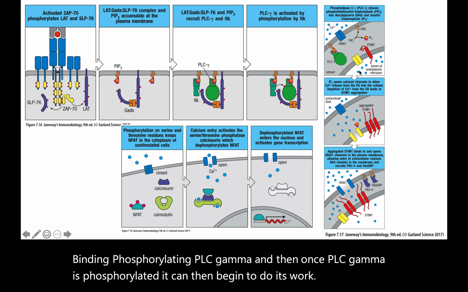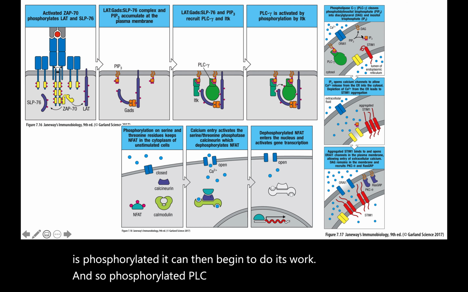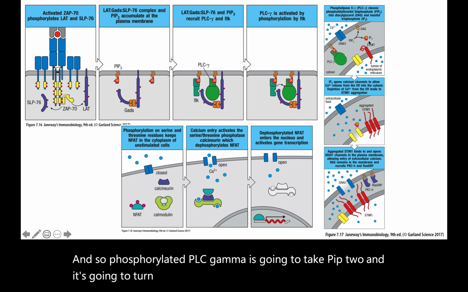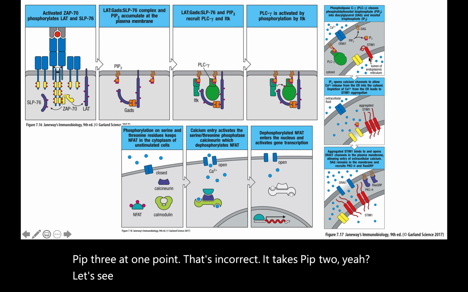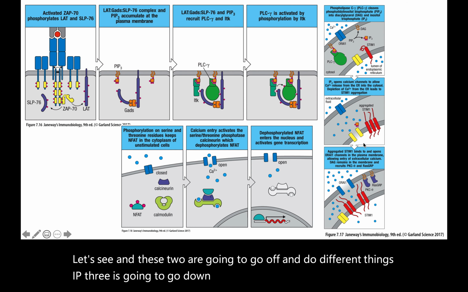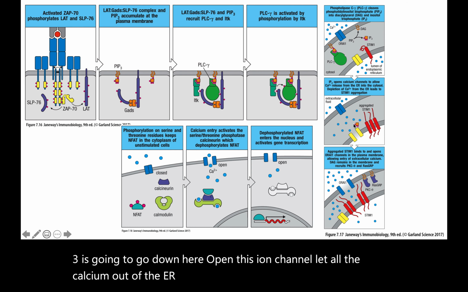And so phosphorylated PLC gamma is going to take PIP2, and it's going to turn it into diacylglycerol and IP3. I think I said it takes PIP3 at one point. That's incorrect. It takes PIP2. And these two are going to go off and do different things. IP3 is going to go down here, open this ion channel, let all the calcium out of the ER lumen and into the cytoplasm.